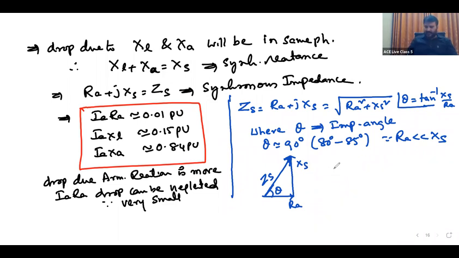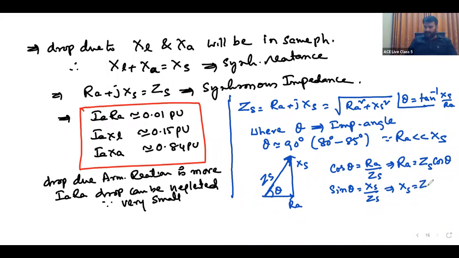But cos theta we can find here: cos theta is equal to RA by ZS. Therefore, RA is equal to ZS cos theta. Similarly, sin theta is equal to XS by ZS. Therefore, XS is equal to ZS sin theta.